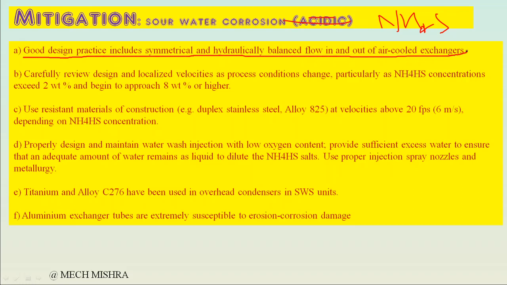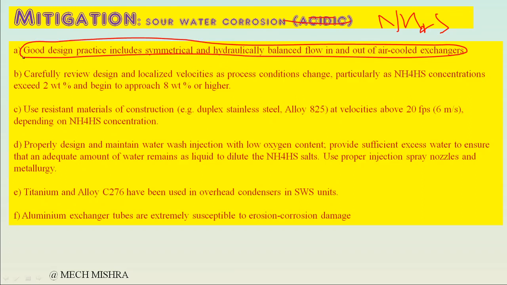When the air cooled exchanger outlet has a symmetrical, hydraulically balanced design flow, problems can be avoided because there should not be any stagnant area. We have to maintain proper flow and not allow ammonium bisulfide to settle somewhere in the system, which would cause corrosion.